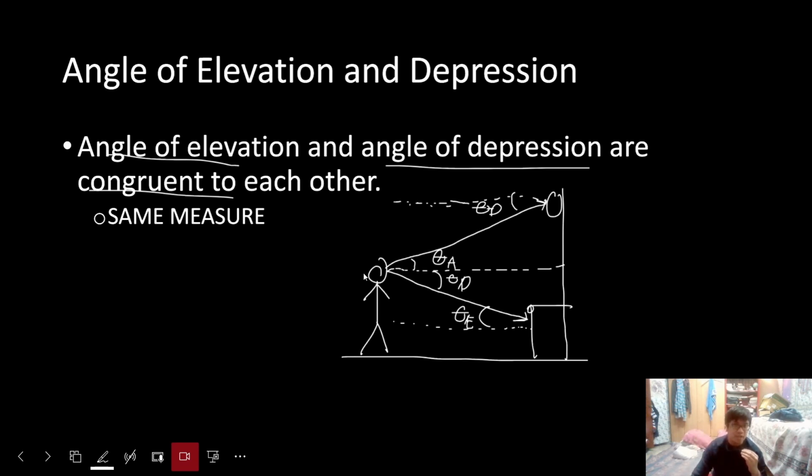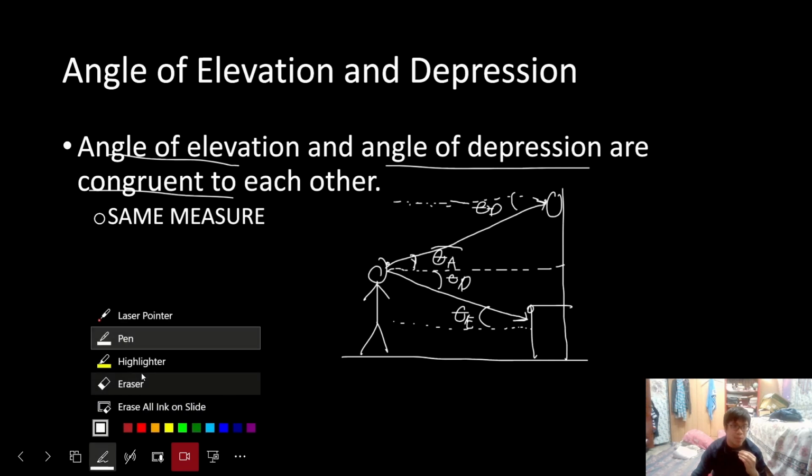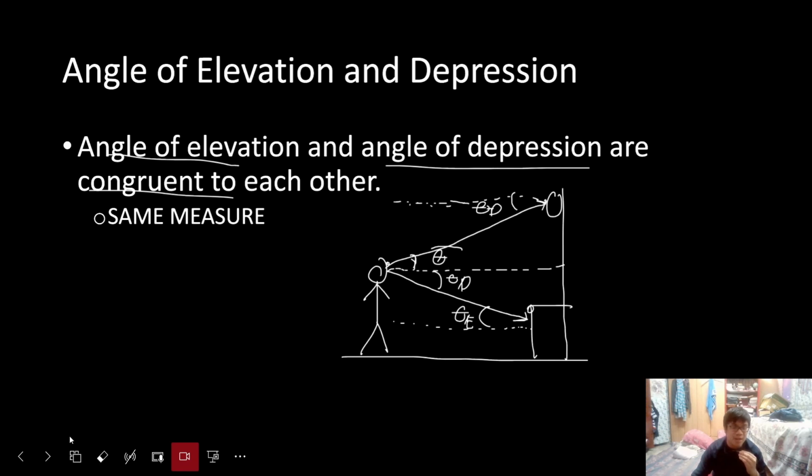For example, in this case, a person looks at the clock. Here, our face is tilted upwards just to see the clock. The angle between the horizontal line and the viewpoint at the clock is your angle of elevation. Wait, why is it A? This is actually E. So that's your angle of elevation.